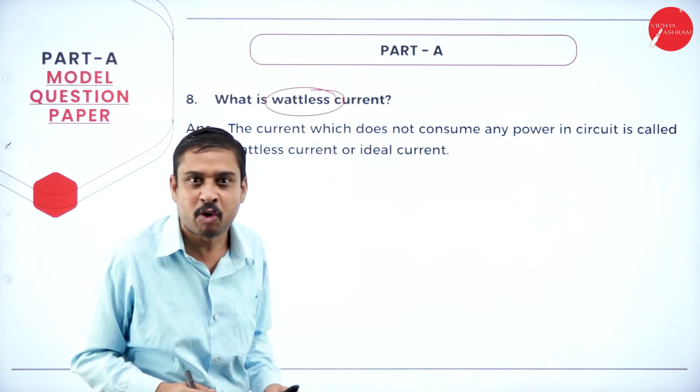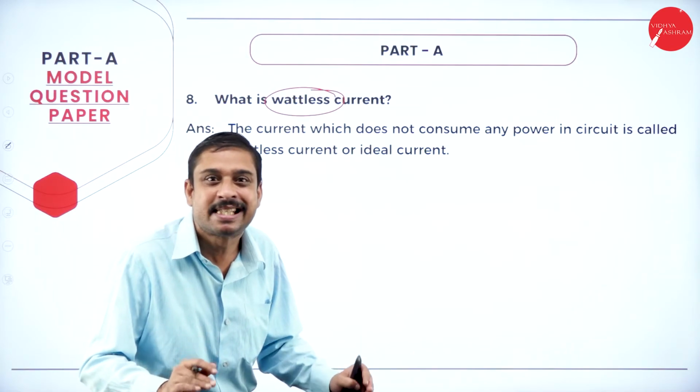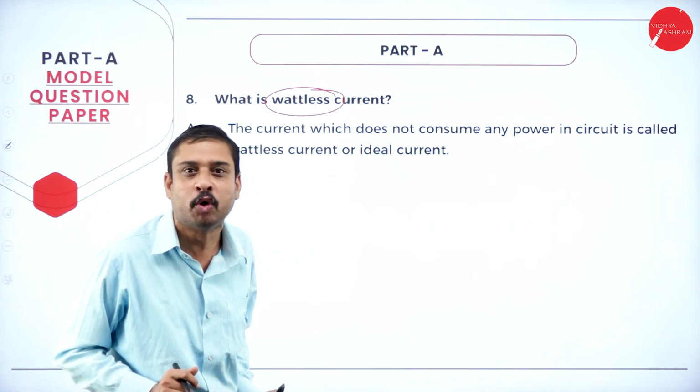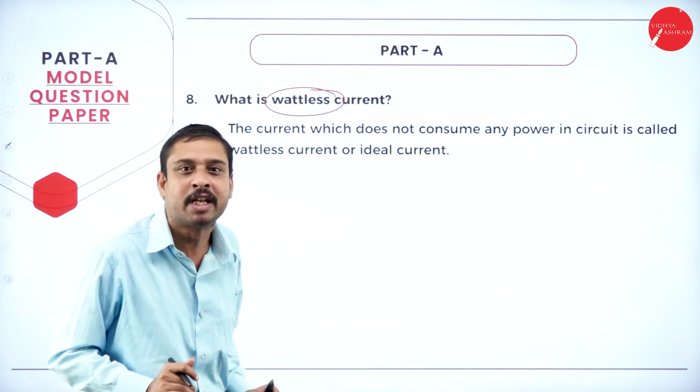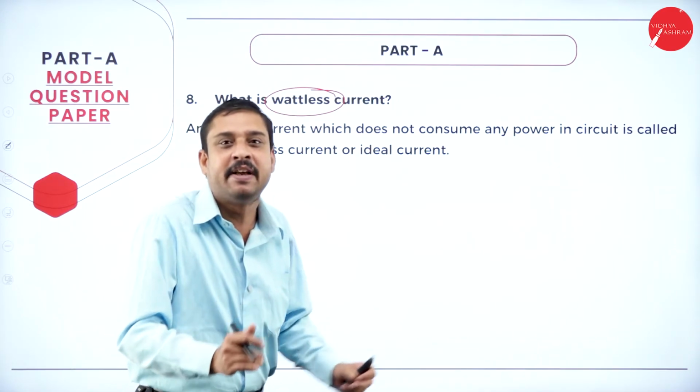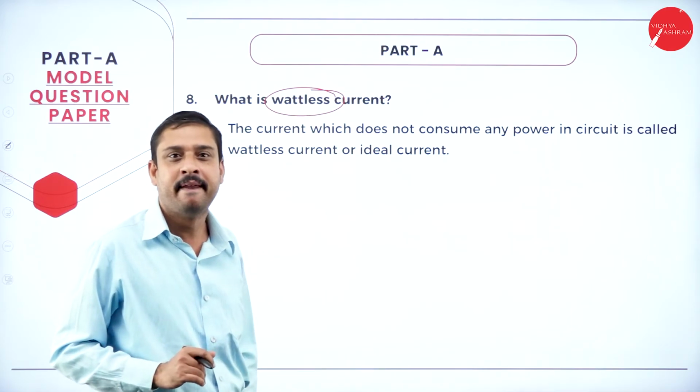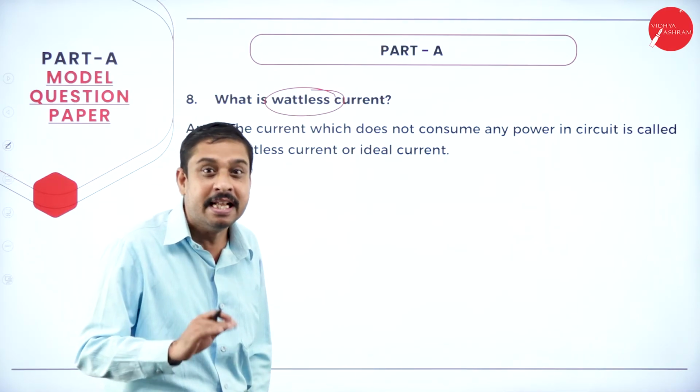In the alternating current chapter you have studied purely resistive AC circuit, purely capacitive AC circuit, purely inductive AC circuit. In the 5 marks, they always give the LCR circuit.